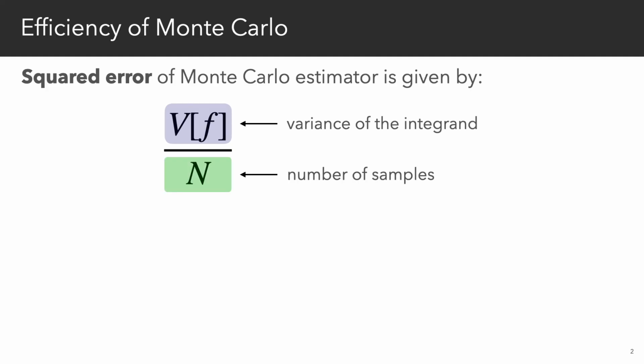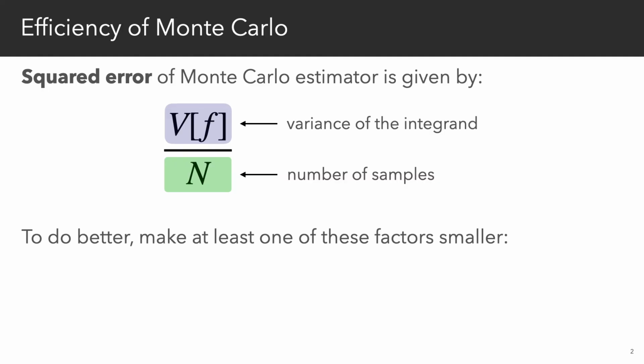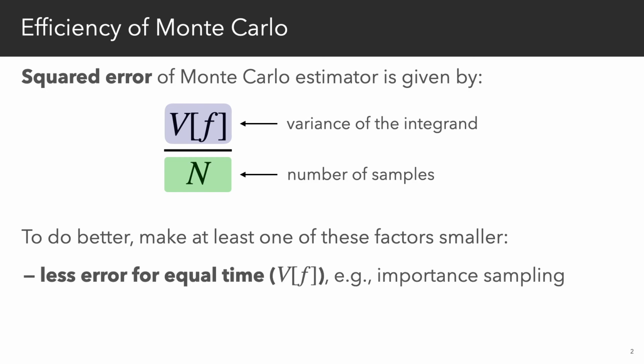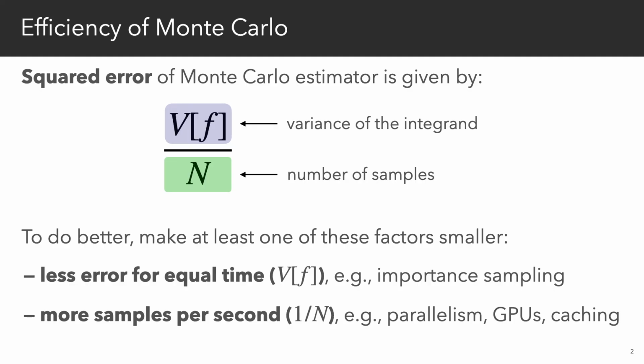This means that to make a Monte Carlo algorithm better, we can either apply techniques like importance sampling to better sample the integrand and get less error in equal time, or we can generate samples faster through better software engineering, parallel computing, or some sort of caching. We've already talked a little bit about importance sampling, so let's consider a technique that falls into the second category.